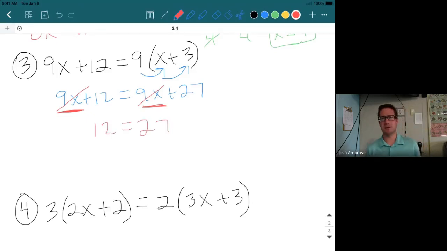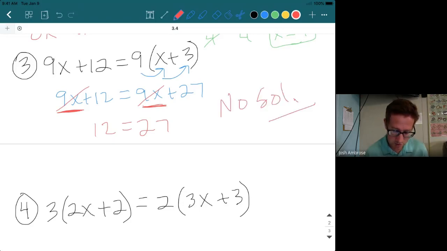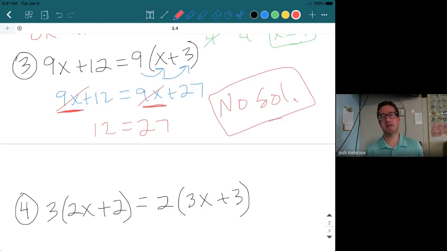That's not true. 12 can't equal 27. They're not the same number. So this is an example of a problem where your answer is no solution. In other words, plug any value into x that you want, you will never get a correct solution. It will never work. So number 3 is an example of no solution for your answer.